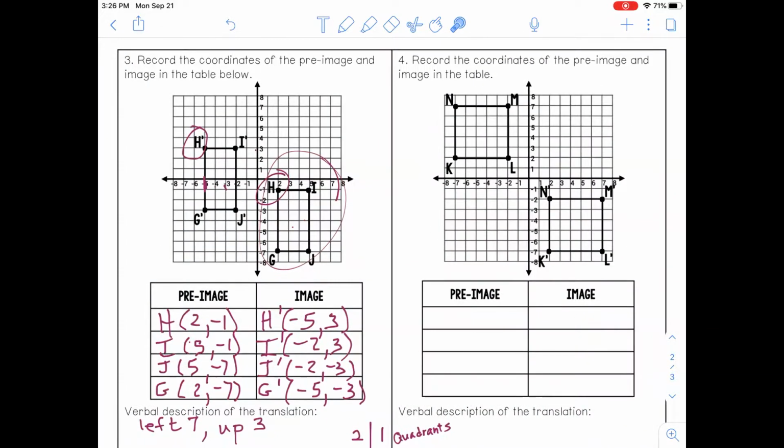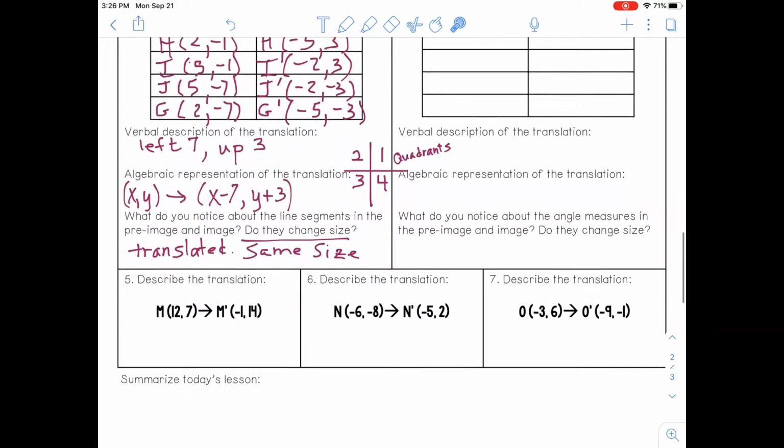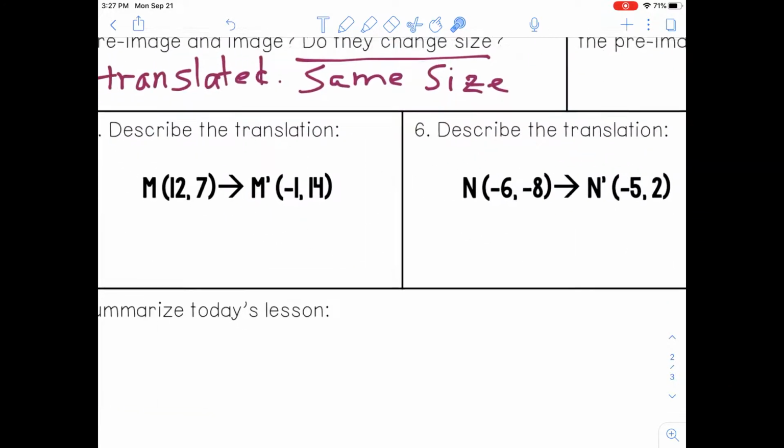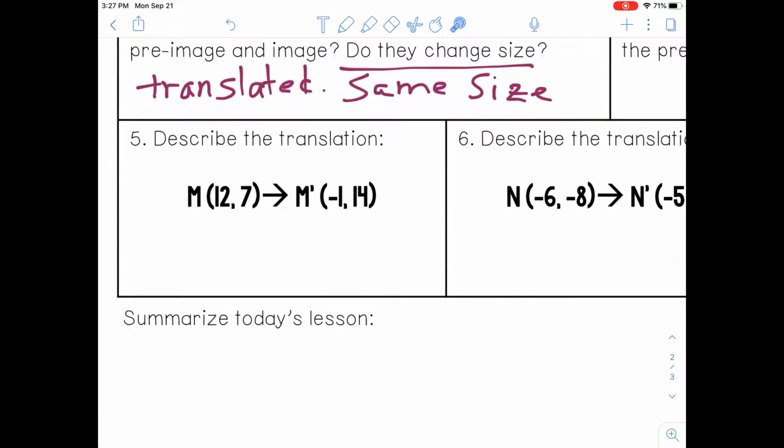Okay, I'm not going to do that one. That's the same. Describe the translation. Okay, now this is the notation I've been showing you. Only we just use X and Y. So we want to change it. So if X equals 12 and Y equals 7, then we have to say, how did I get from 12 to negative 1?